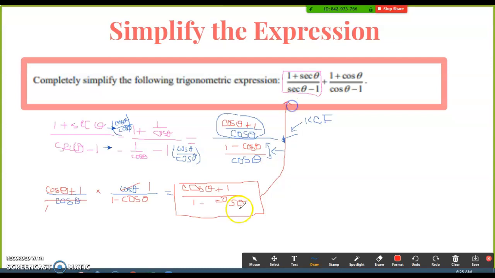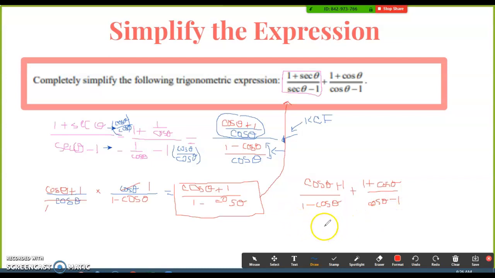So let's sub that in. And so what we really have here is cosine of theta plus 1 over 1 minus cosine of theta. And then we're going to be adding it to 1 plus cosine of theta over cosine of theta minus 1.